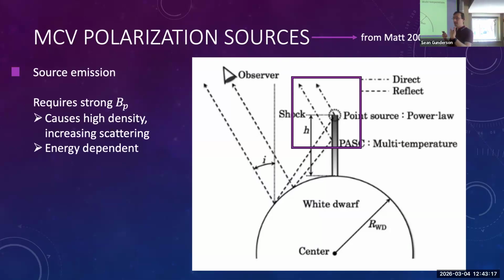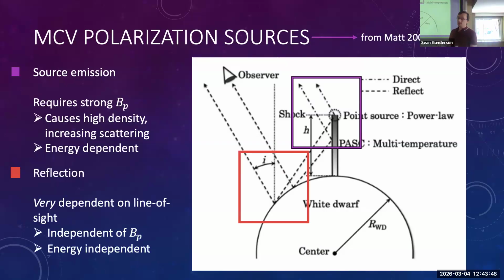Now, for magnetic CVs, this requires a strong B field because you need to have a lot of material in the column to do that. This, like I said, that high B field can cause high density, which causes an increase in scattering that occurs here. But this will also be energy dependent because we know the emission from the column has an energy dependence as it cools from the top of the column to the base.